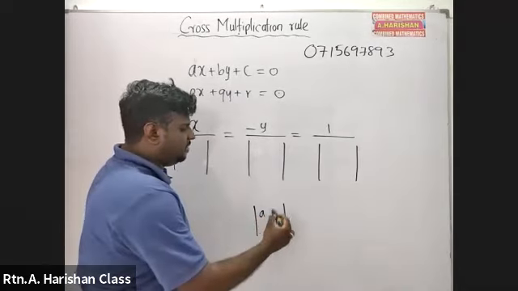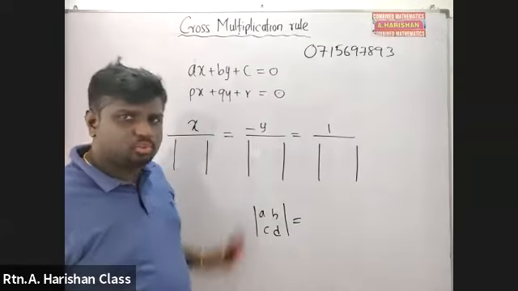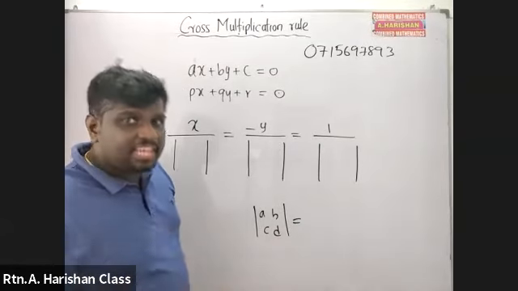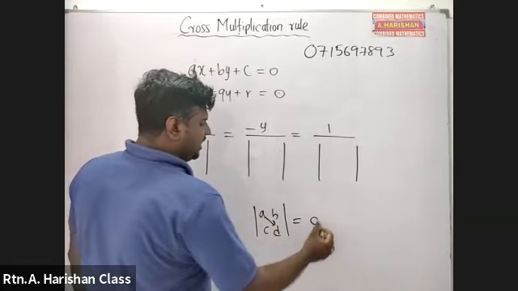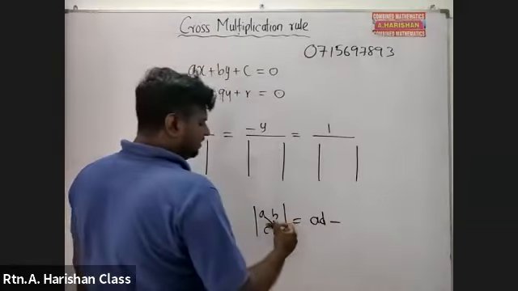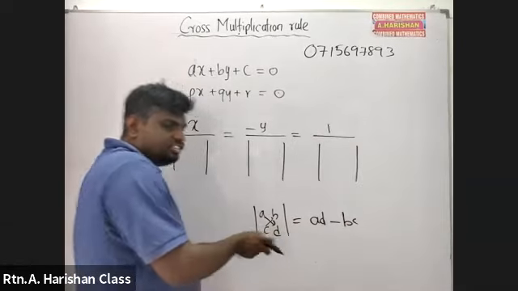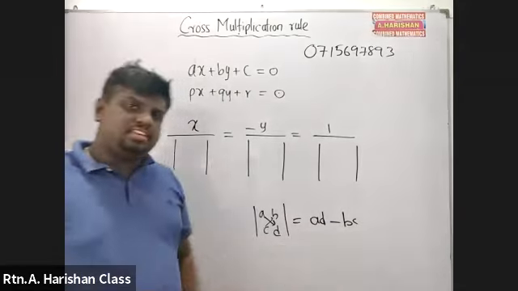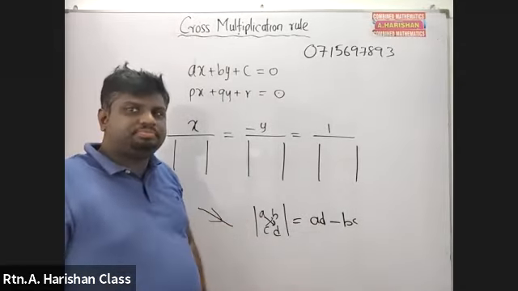If you put a, b, c, d inside these two lines, there is a meaning. So what is the meaning? You have to multiply a into d, and subtract b into c. Always you have to multiply in this direction.